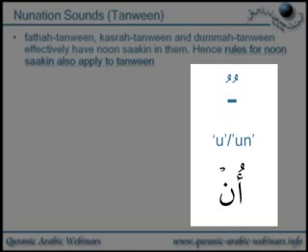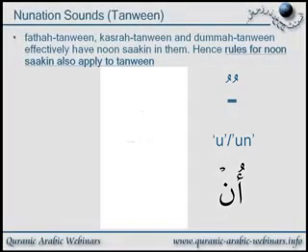The equivalent of writing the dhammatain out separately would be the hamza with the dhamma and noon sakin, so we get un. That's the same sound as the tanween. So we can see you get this hidden noon sakin within that dhammatain.